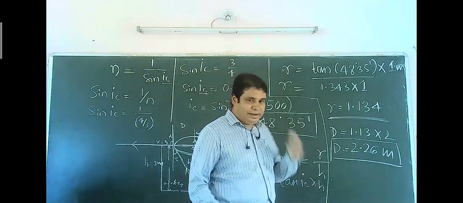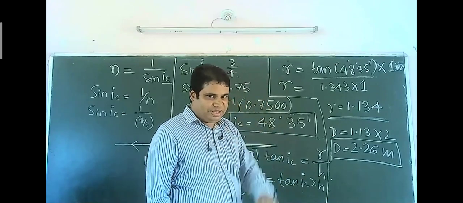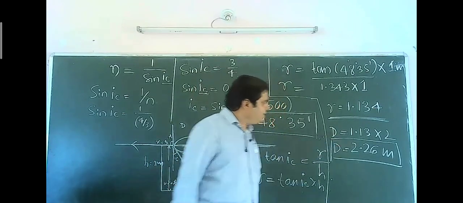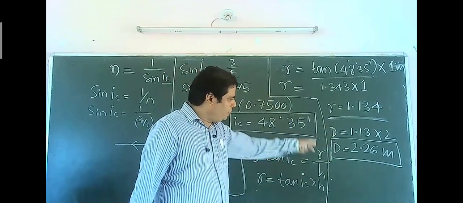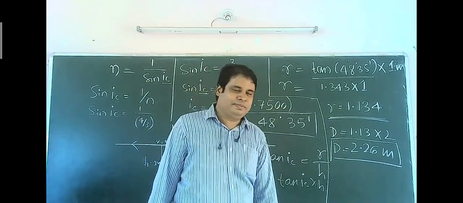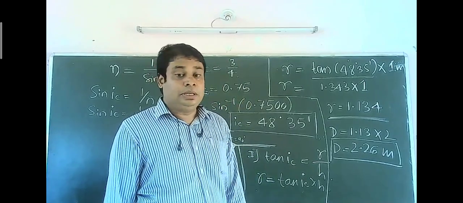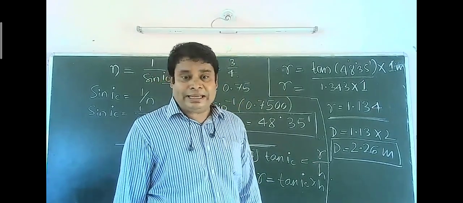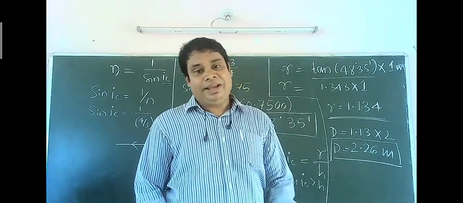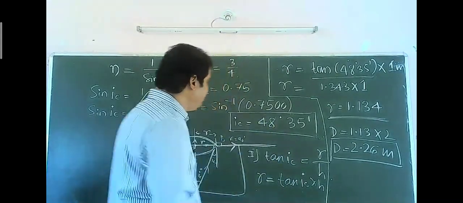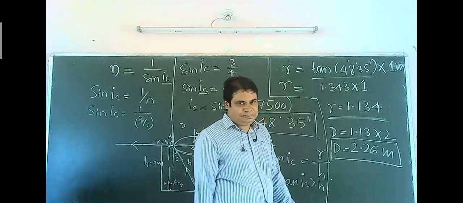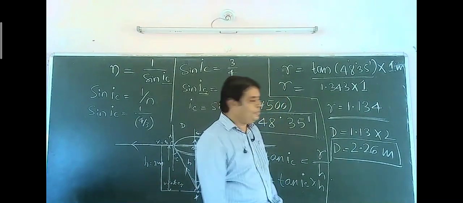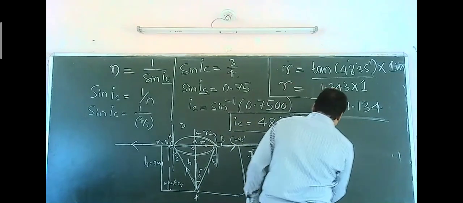D is equal to 1.13 into 2, which is 2.26. If you are asked to calculate the area of the circular patch, what to do? Simple. Calculation up to R is the same.